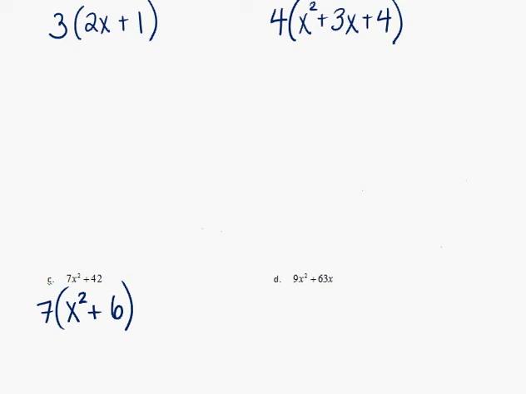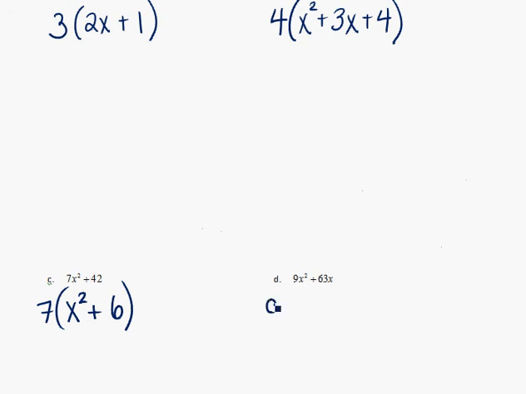Finally, part D is similar to all the rest, but it has a little extra piece to it because 9x squared and 63x not only have a number in common, but they also have a variable in common too. So the greatest common factor of 9x squared and 63x is not just 9, which both numbers are divisible by, but it's actually 9x, since both terms have at least one x in it.